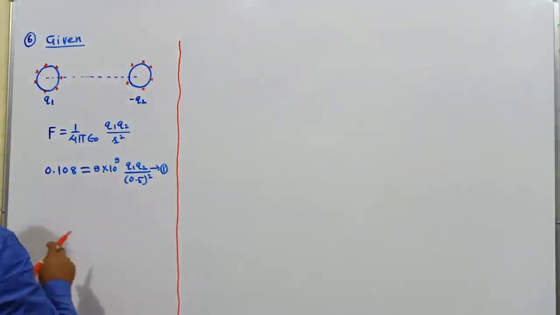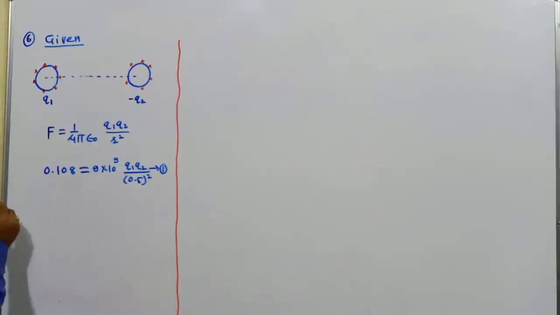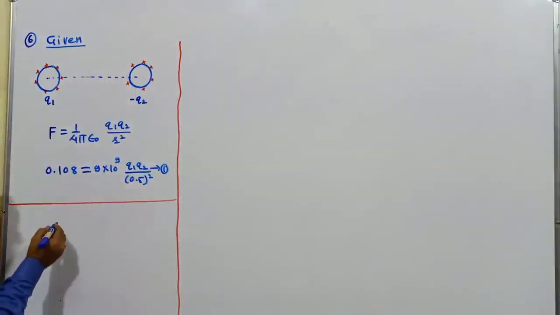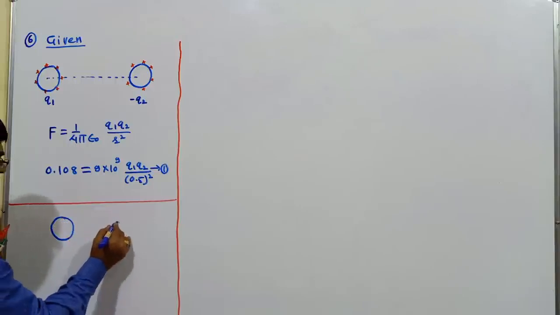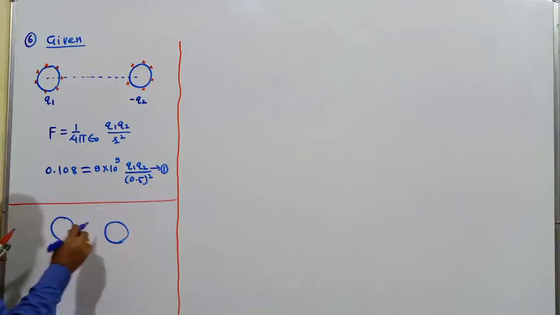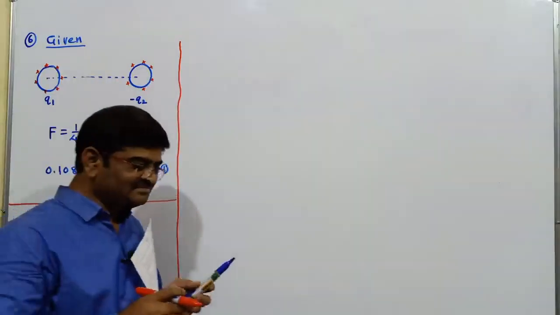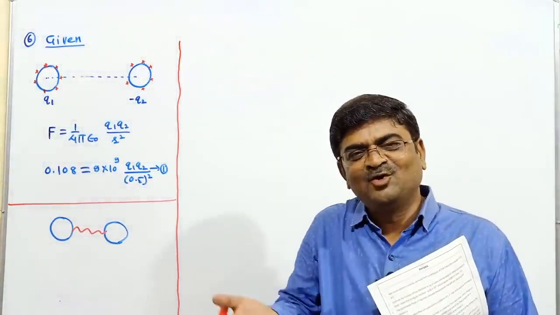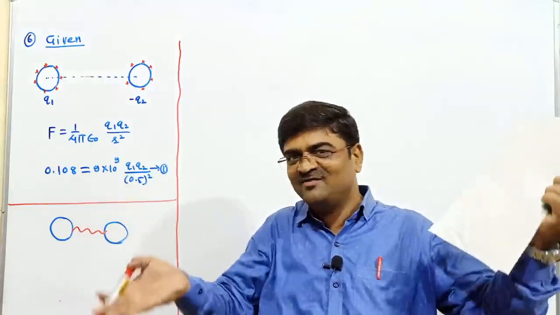What is done further is, now these two spheres are connected by one conducting wire. So what will happen then? Like two containers you have got, filled with liquid of different liquid levels.